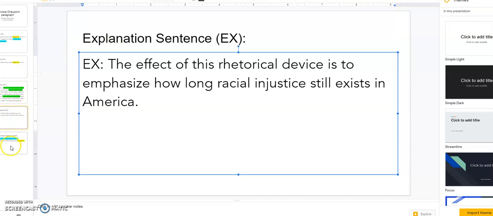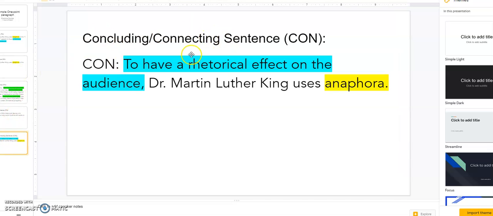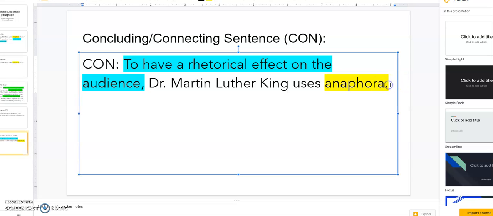Now it's time for our concluding sentence or connecting sentence, if you're writing more than one paragraph. To have a rhetorical effect on the audience, Dr. Martin Luther King uses anaphora. And actually, I'm going to add to this: in his I Have a Dream speech.